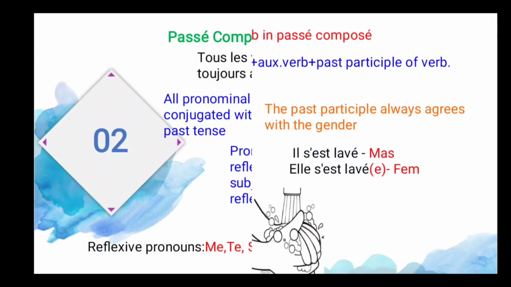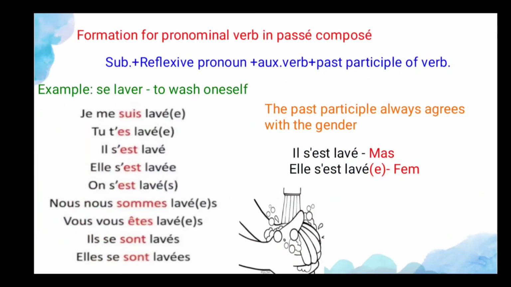Let us see the conjugation of this pronominal verb. What is the formation for the pronominal verb in the past tense? Subject plus reflexive pronoun. What are the reflexive pronouns? Me, te, se, nous, vous, se. And auxiliary verb.